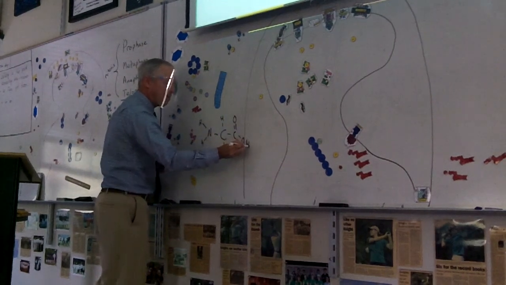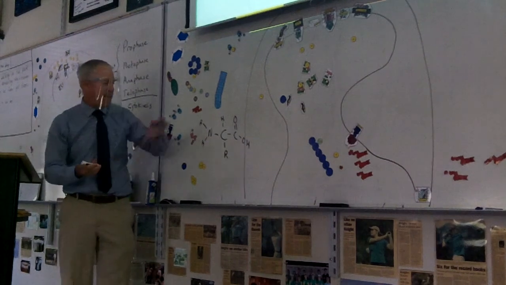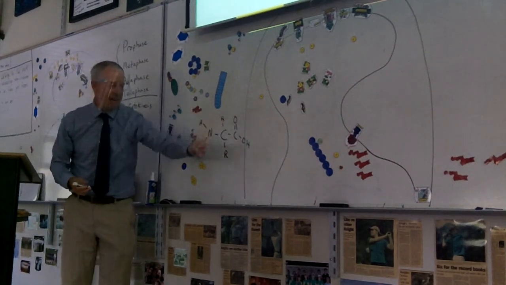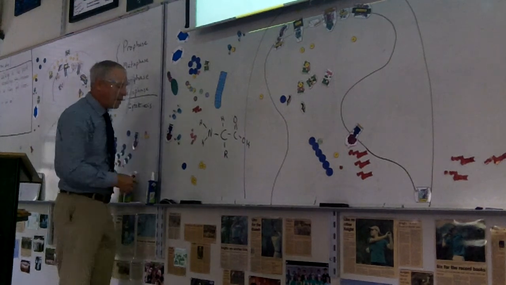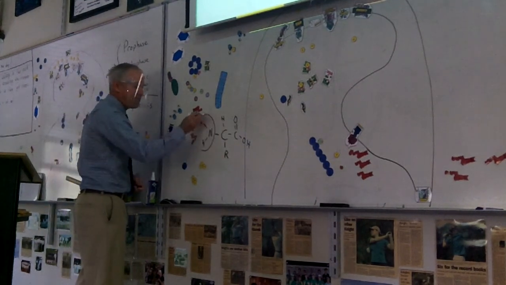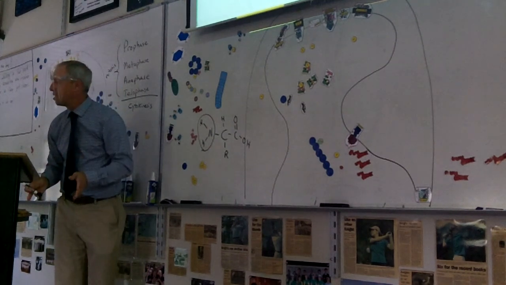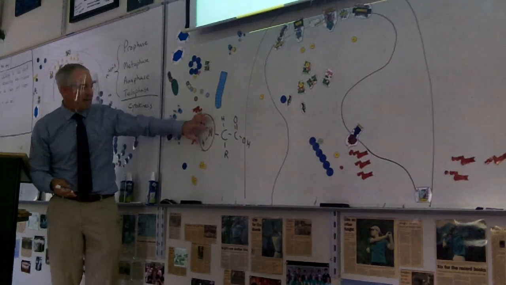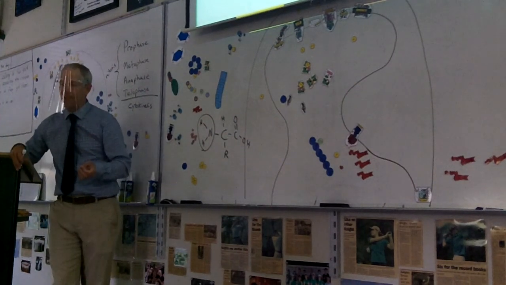Good. There's an amino acid. In order to take an amino acid and break it down and tear it apart to make ATP, you have to remove this NH2 group. It's a process called deamination. The NH2 group is taken off and it becomes a waste.